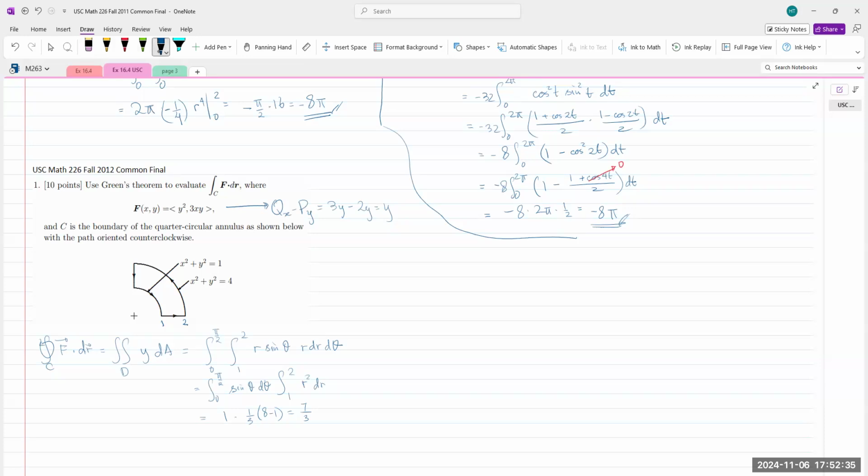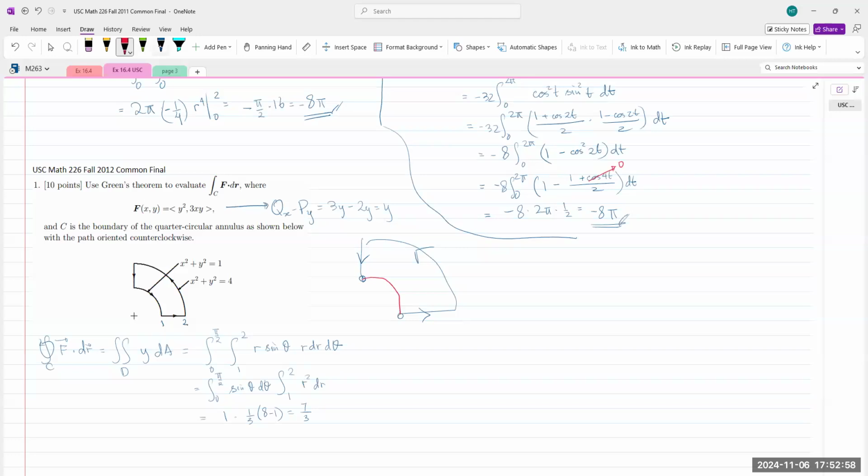Imagine the question is like, you need to go this way, and then this way, and then this way. Suppose that's what you need to do. What you can do is close this first, so that you can use Green's theorem.